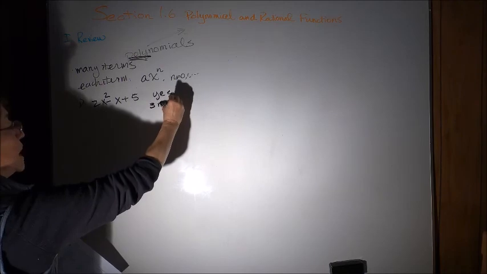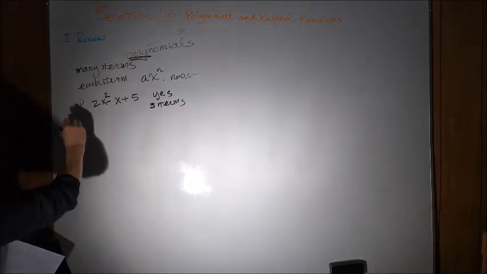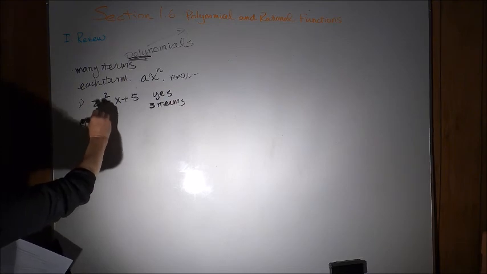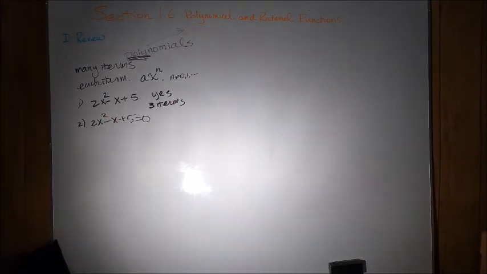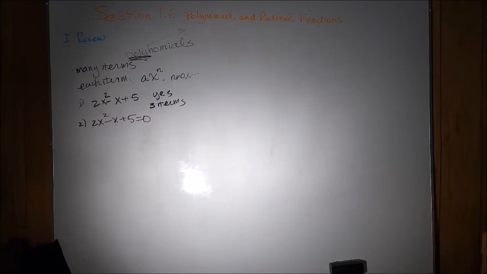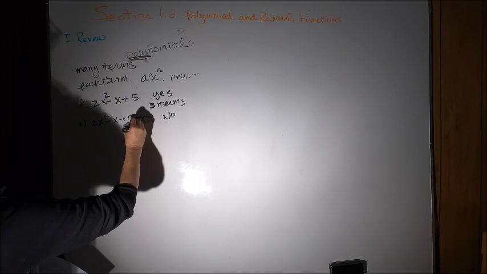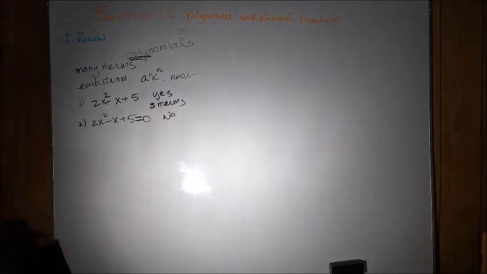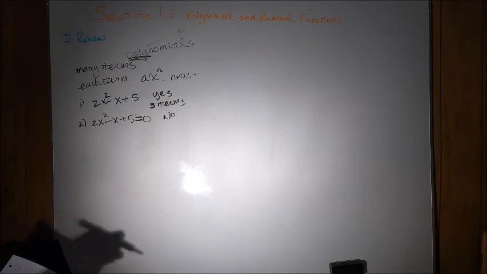It's separated by add and subtract signs. If I write it this way, 2x squared minus x plus 5 equals 0, do we call this a polynomial? No. Why not? Because it is an equation, not a polynomial.